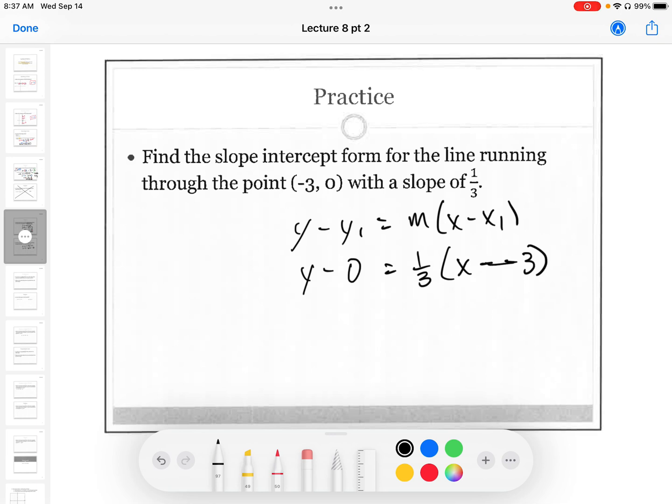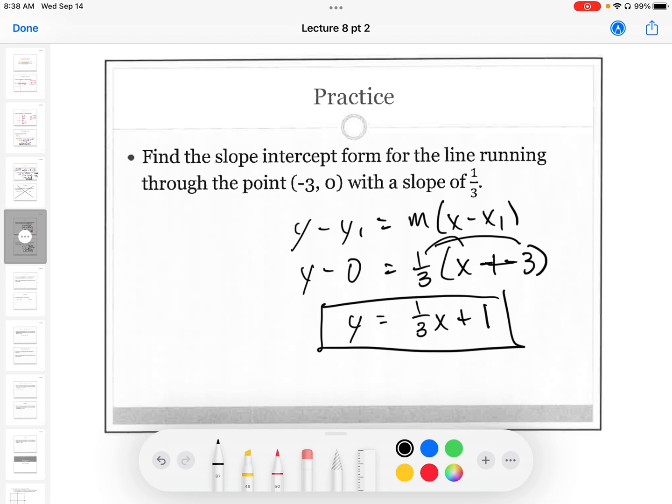Two negatives make a positive there. Y minus 0, well, that's just y. I need to distribute that in, so I get 1/3 x, and then 1/3 times 3 would just be a positive 1. Okay, so those are our two examples for our point slope form.